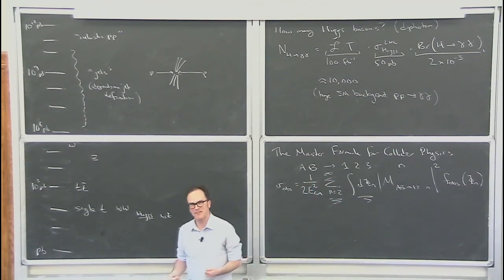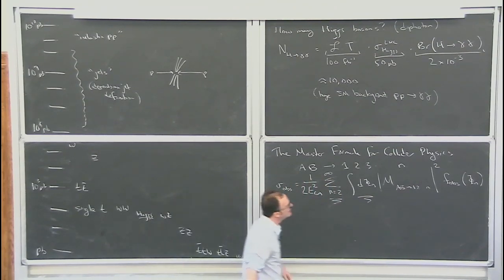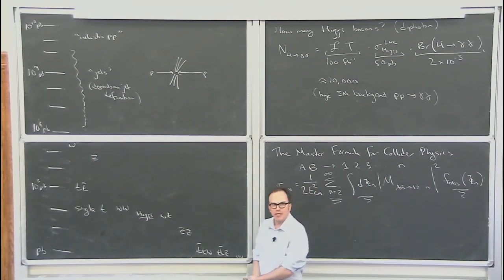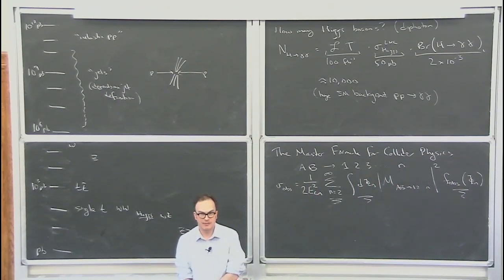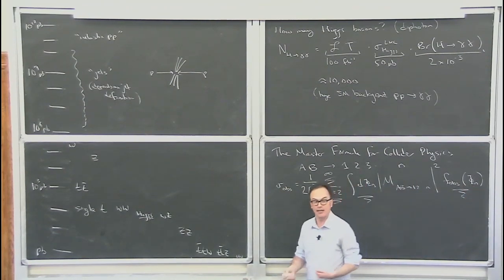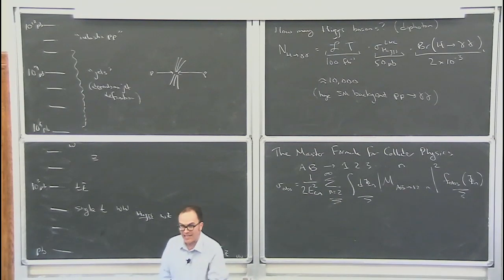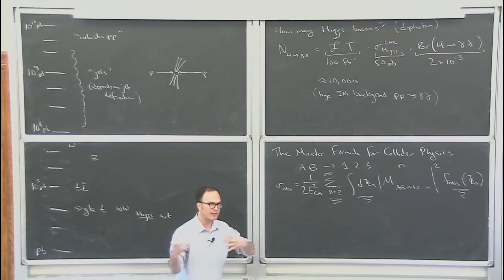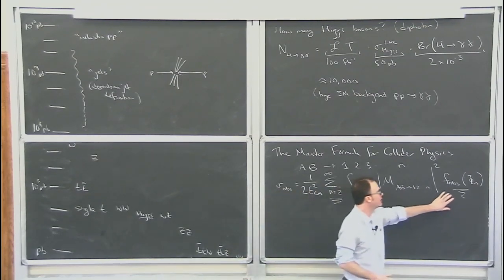If I don't consider all possible phase space configurations, I'm going to get the wrong answer. And you have to tell me what you mean by your observable. You have to be clear about every single phase space configuration, whether you want to include it or not in your measurement. If you don't, then I don't know how to translate experimental measurements to theoretical calculations. So you want to try to avoid ambiguity as much as possible.